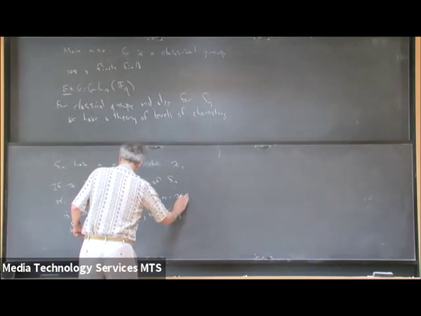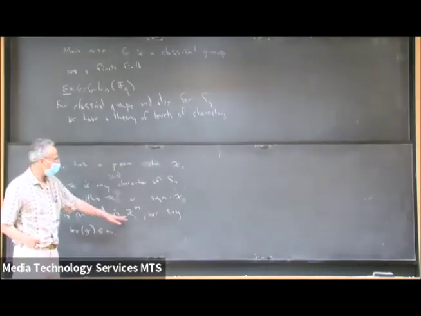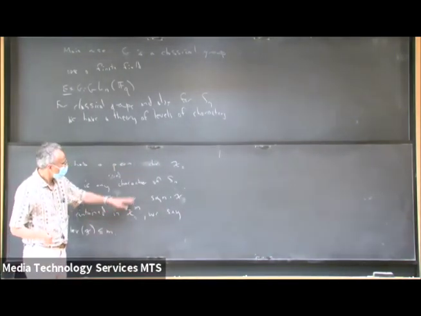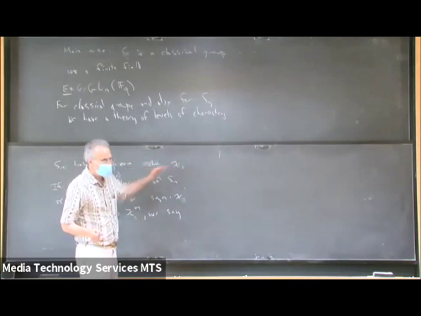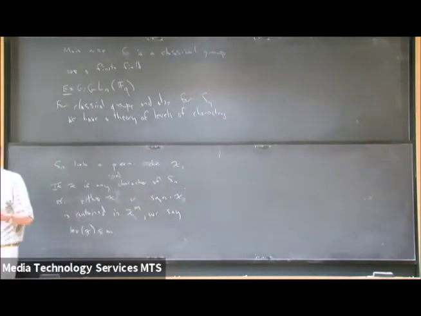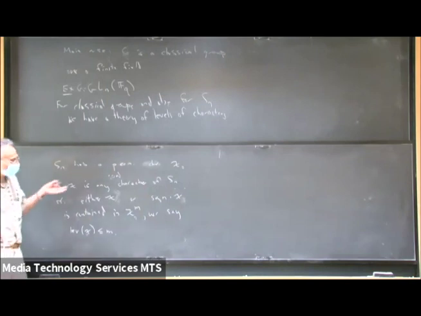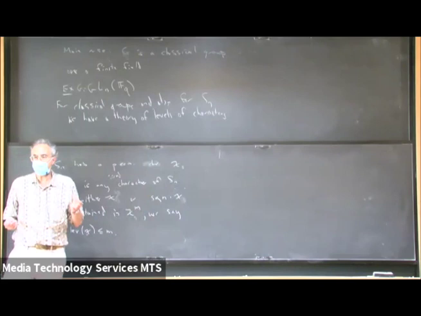I'm sorry, I got my chi 0 and my chi mixed up. So the idea is we have this basic character, the n-dimensional character, and we look at powers of it, and we look at factors of those powers, and we allow ourselves, if we like, to multiply by the sign character.